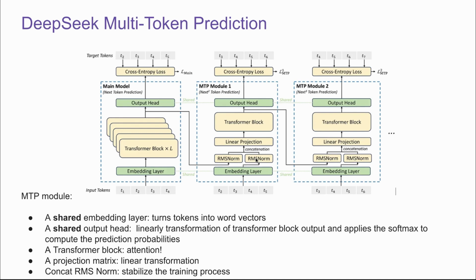If you want to learn more about normalization, please refer to my transformer series. This is only used in training, as I said. So the MTP module actually ensures the training process is more efficient. And then once the training is done, only the main model is used for actual inference.